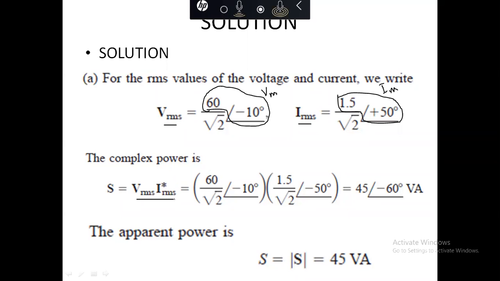So we take this Irms conjugate, minus 50 degrees, and that is 45 at the angle of minus 60 degrees, right? And how to calculate the apparent power? Apparent power is in fact the magnitude of this complex power, and that is 45 volt ampere, right?